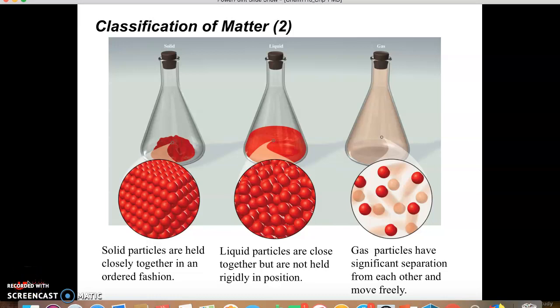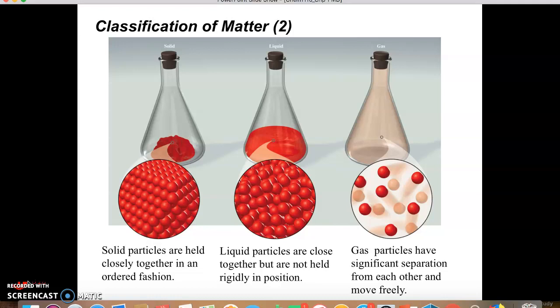What we see in this diagram is a depiction of classification of matter into solids, liquids, and gases. And as you can see, the solid is just sitting in the bottom of the flask. And if you could look at the individual atoms, you would see that they're held together very closely and in an ordered fashion.